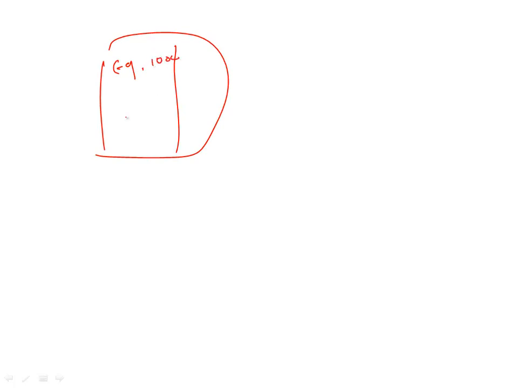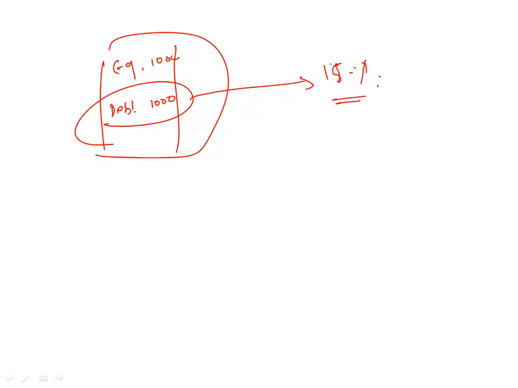And the last model: suppose a company has equity of, let's say, 1000 crore, and debt of 1000 crore. Now, these bondholders currently in the market are earning 15%. So can I say that this is the bond yield? These bondholders in the market are earning currently 15% per annum.